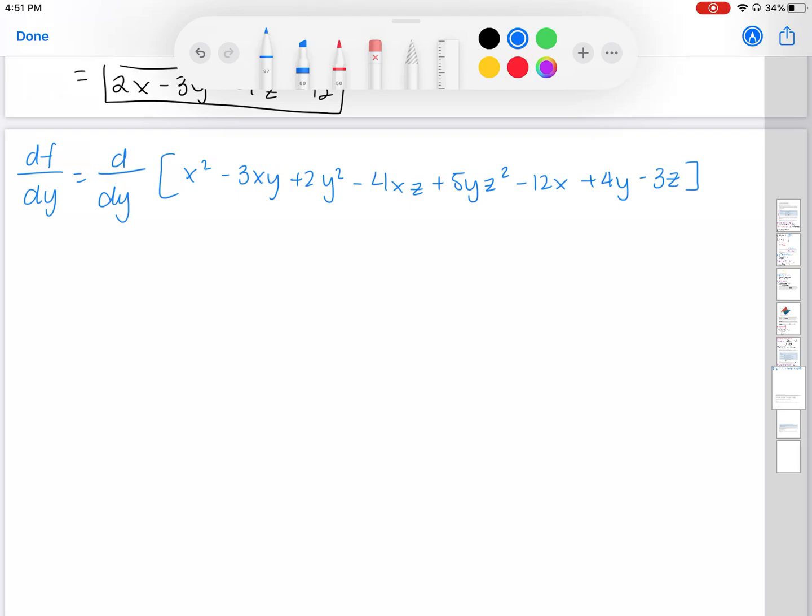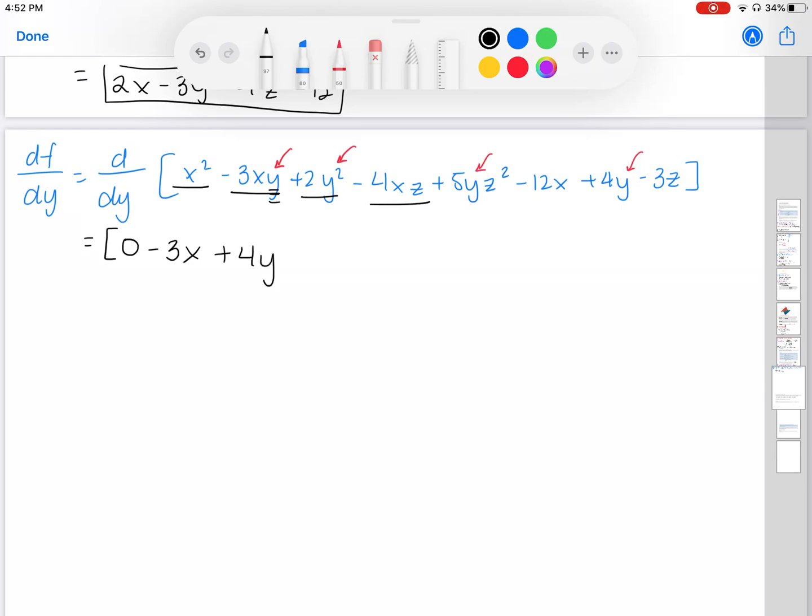Okay, so let's go ahead and take the derivative. Now our derivative is for y, so let's take a moment to acknowledge our y's. Every term where a y is not included would end up being 0. Let's work this out. The derivative of x squared, well, there's no y, so that would be a constant. That's 0. Negative 3xy, the derivative of y is 1, so we're left with minus 3x. 2y squared gives us 4y.